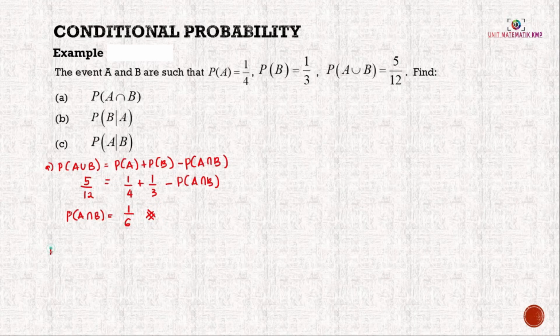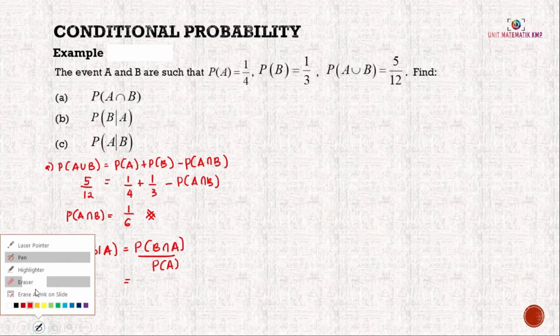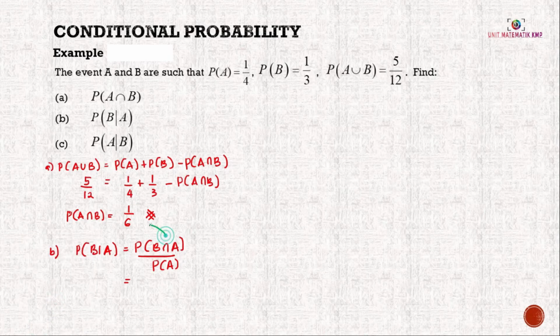Okay, question B. The question asks us to find the probability of B given A. By using the formula of conditional probability, we have the probability of B intersect A divided by the probability of A. The probability of B intersect A we already found from part A, which is P(B intersect A) equal to P(A intersect B).